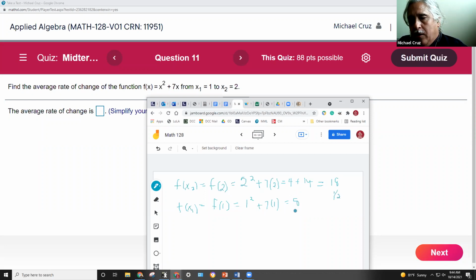So this is y1. Then we're going to use the slope formula, which is y2 minus y1 over x2 minus x1. So down here it's 2 minus 1, and up here it's 18 minus 8. All it is is the slope between those 2 points, which is 10. Okay.